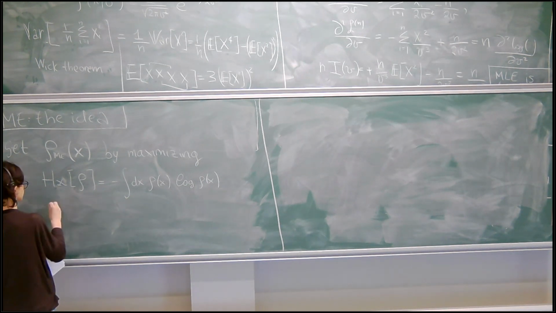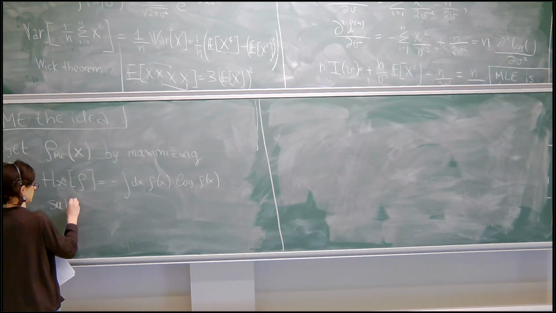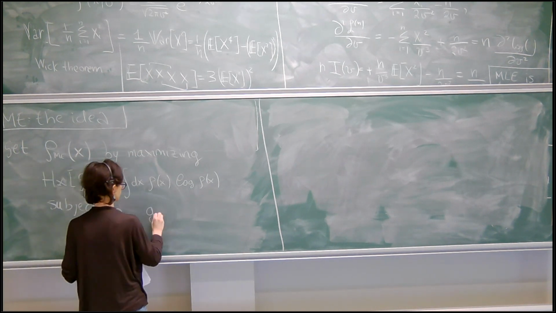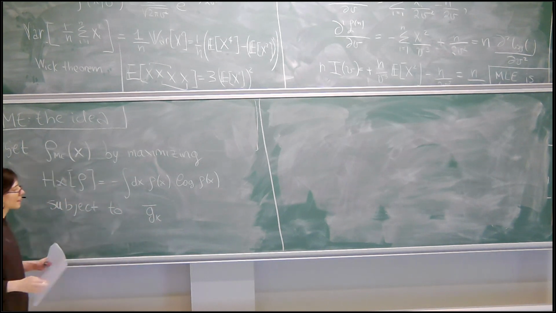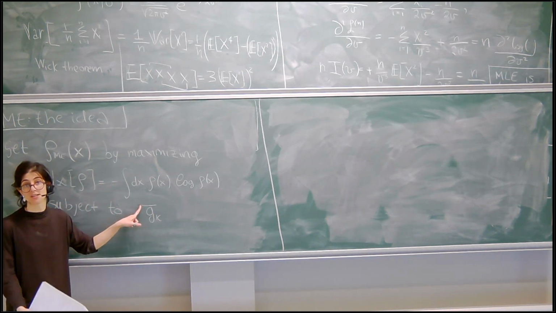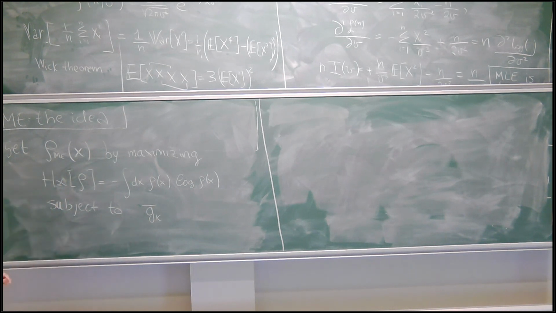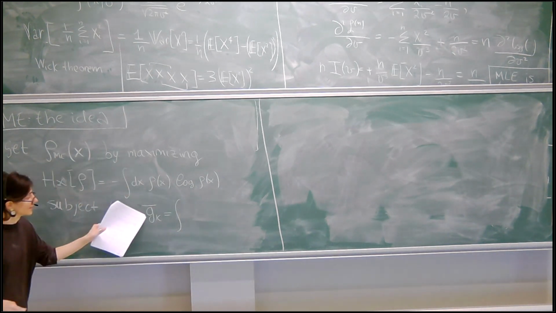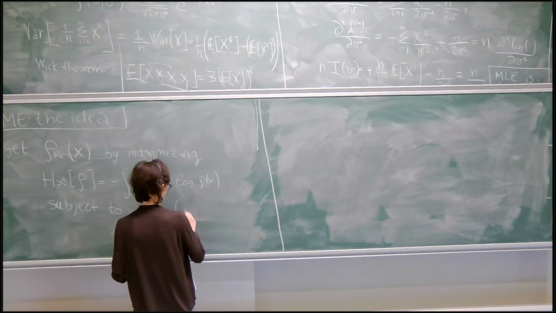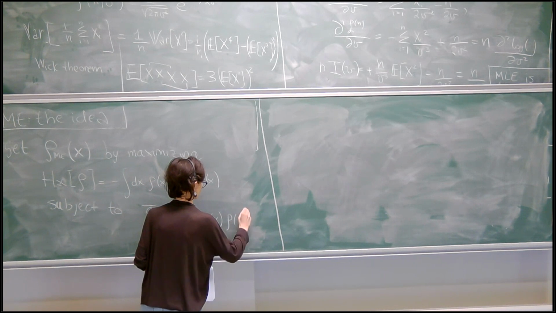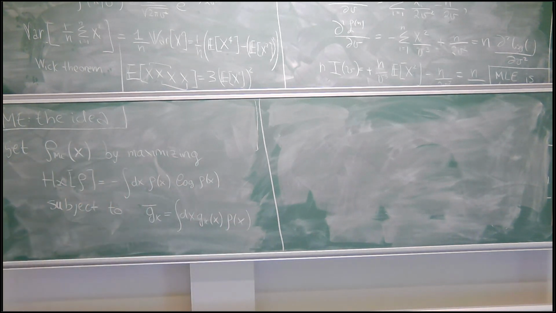So let me rewrite it. So this is subject to constraints, which I wrote in the following form. So we know what is the value. So this barring here is just a notation. It's just to tell you that this is a number. And it is indeed obtained as the average of the corresponding function over your distribution.